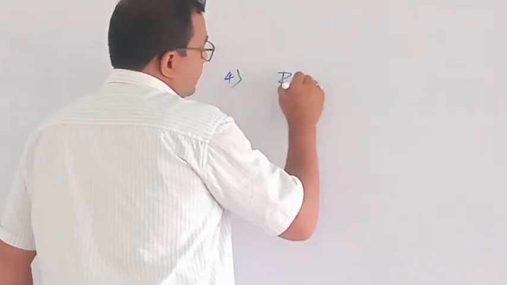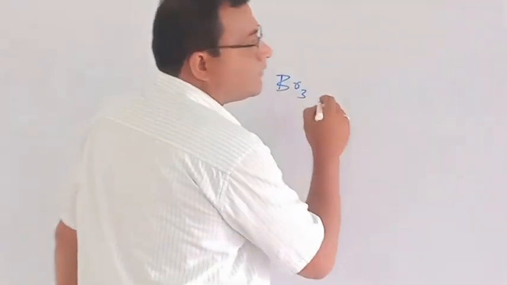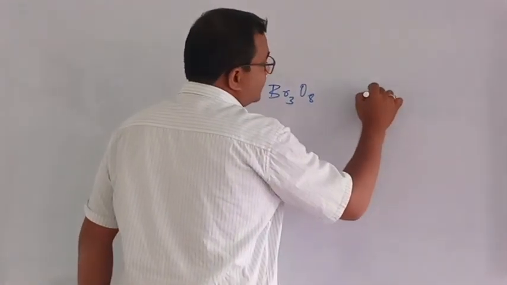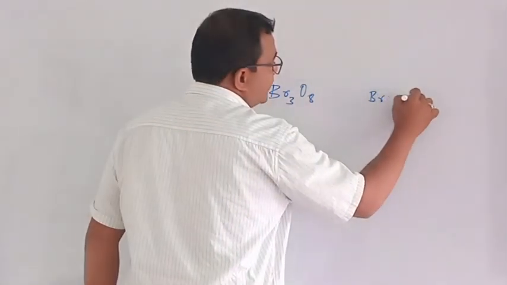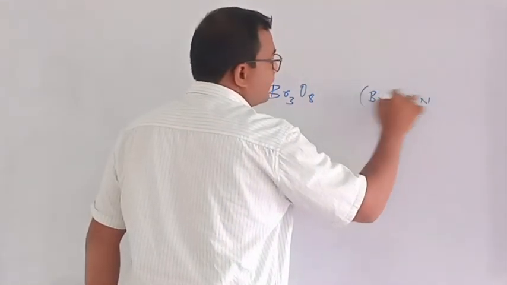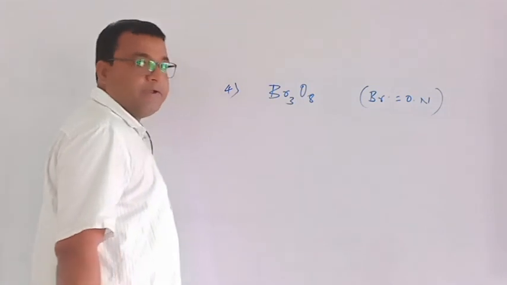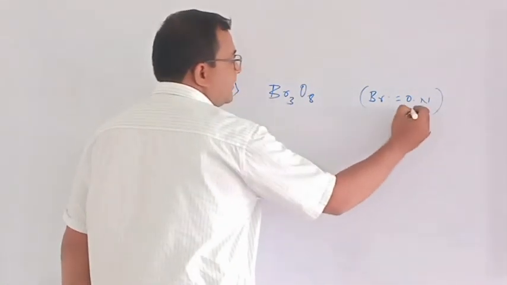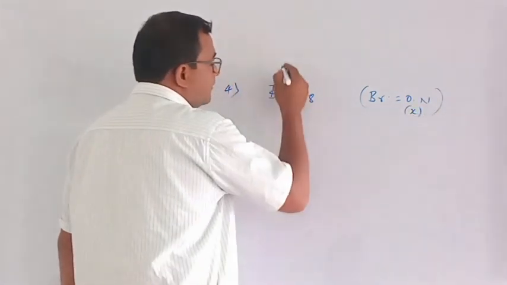Question number 4. Br3O8. What to find? Its oxidation number. We need to find the Br charge. We don't know it, let it be x. Unknown.